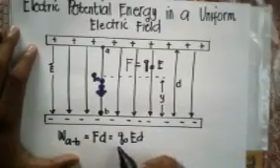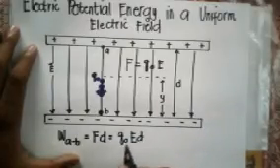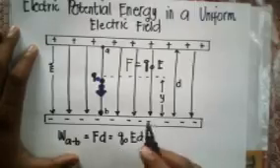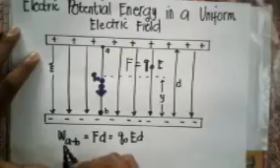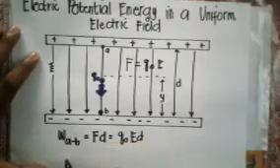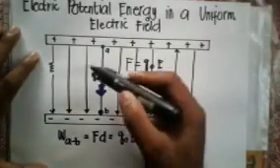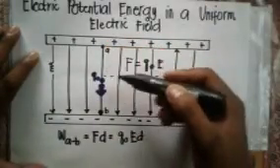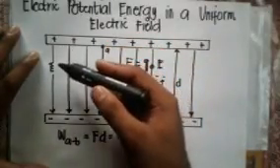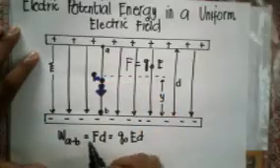This is the product of the force magnitude and the component of the displacement in the direction of the force, which is downward. So our work is positive since the direction of the displacement is the same as the direction of the force.